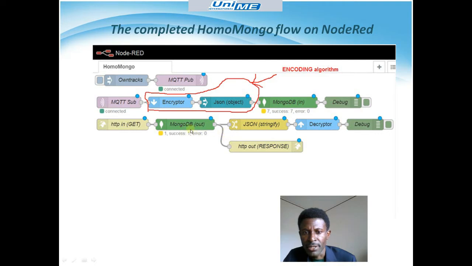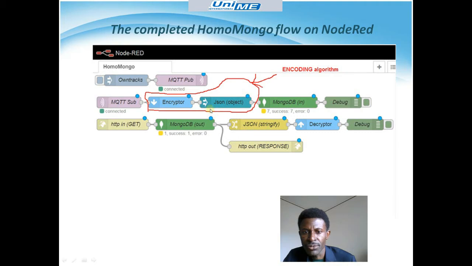Now, when the data is being retrieved from the collection, we can view it with an HTTP response. I added this just to debug what is happening. So we see all the payload of the data coming out of the MongoDB.